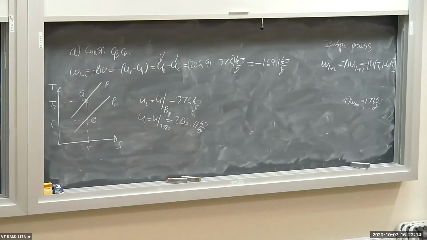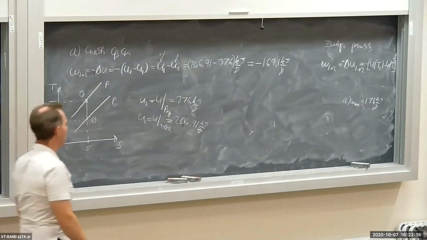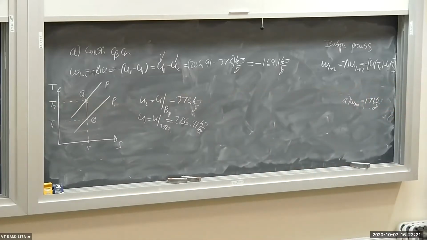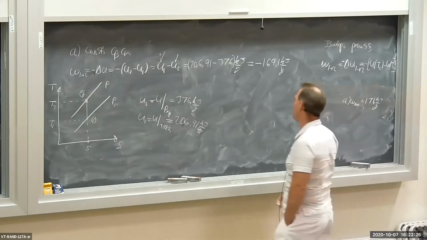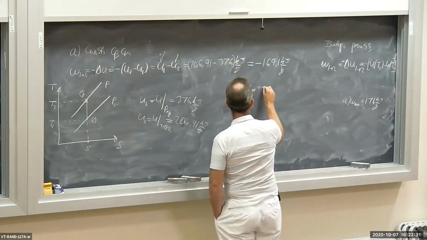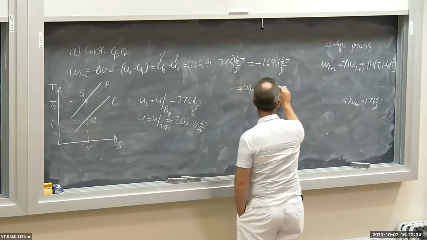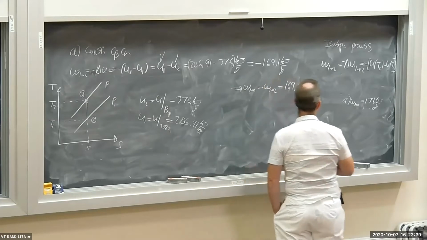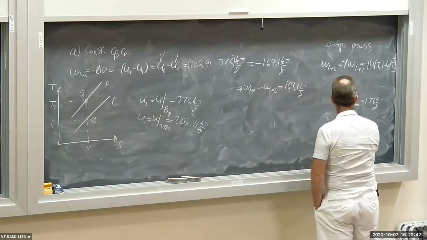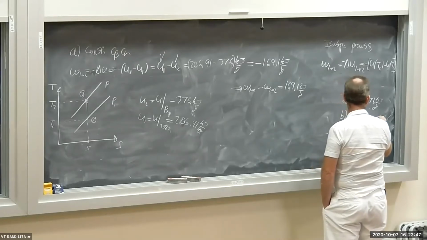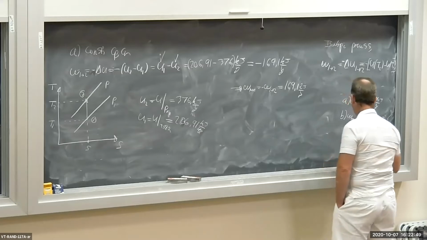So the minimum work required, variable specific heat, the actual value for work min is going to be 169 kilojoules per kilogram. So this implies work min is equal to minus work 1 to 2, which is 169.1 kilojoule per kilogram. So part B, work min is 169.1 kilojoule per kilogram.